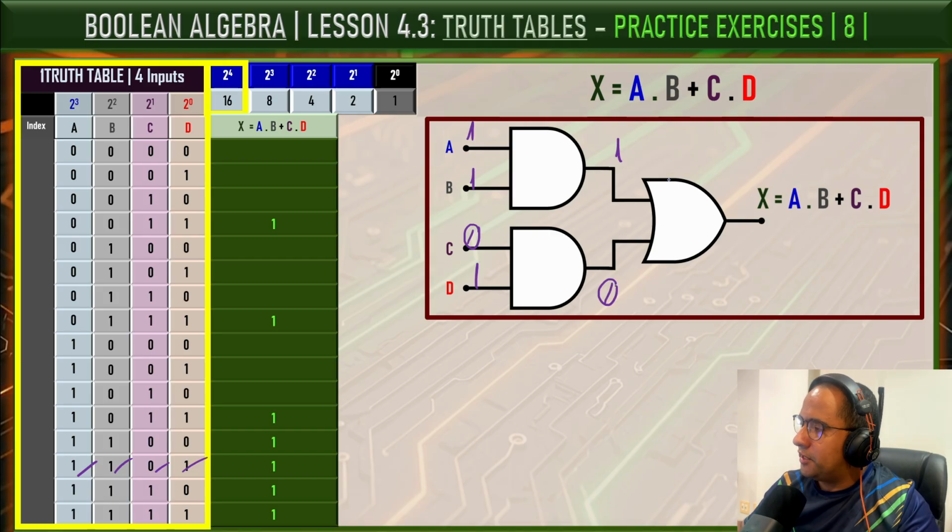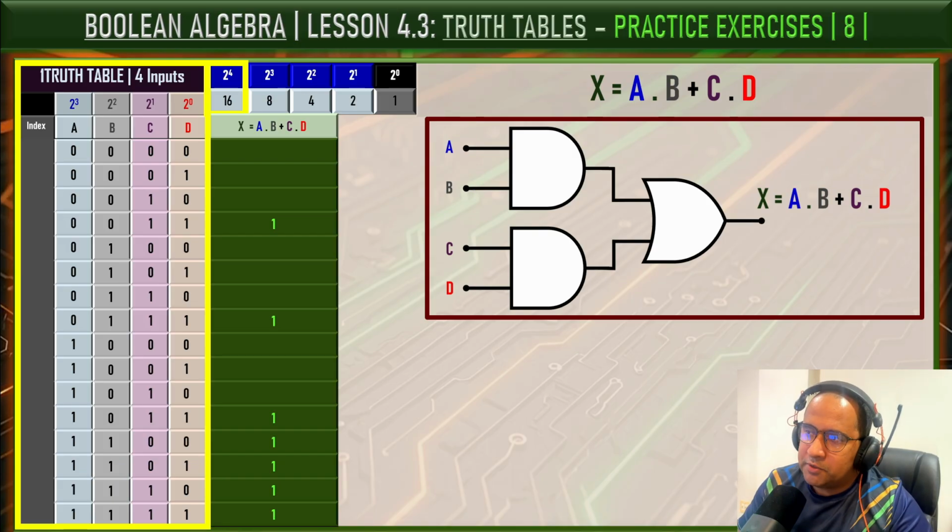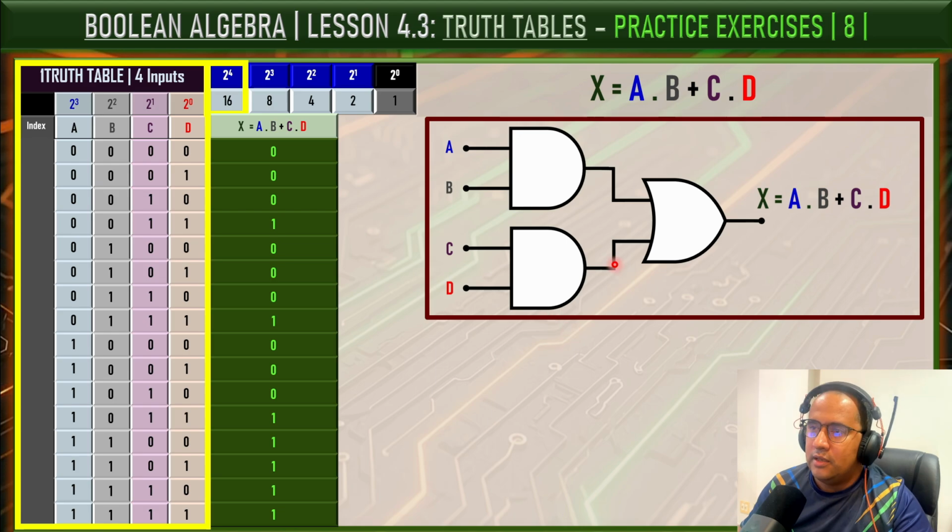Again, one of the inputs of the OR gate is 1, so the output remains 1, okay? It's very simple. And all remaining combinations produce a logic 0 at the output because neither AND gate generates a logic 1. As a result, both inputs of the OR gate remain equal to 0.